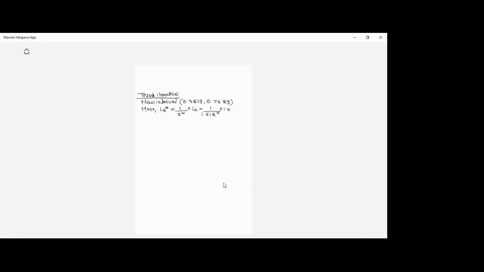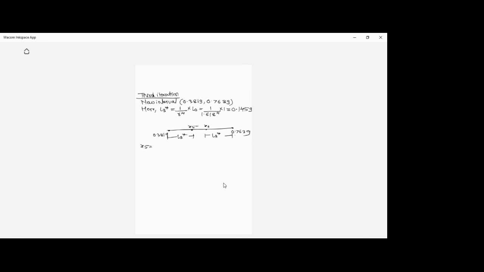If you do the calculation, the value comes out to be 0.1459, right? Now, drawing the graphical representation of our interval, this is 0.3819, this is 0.7639. Here it is the third iteration, so here we have x5 and x6, right? So this is our L3 star and this is our L3 star, right?